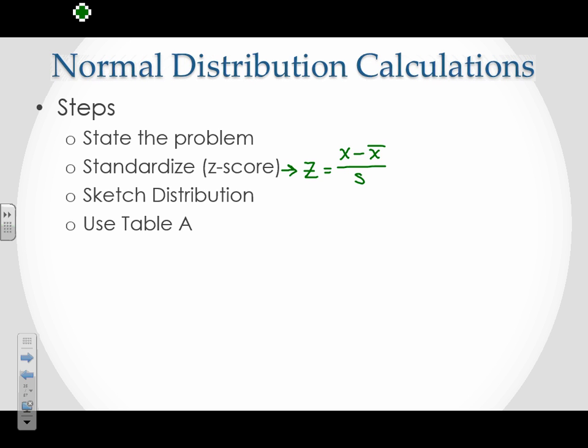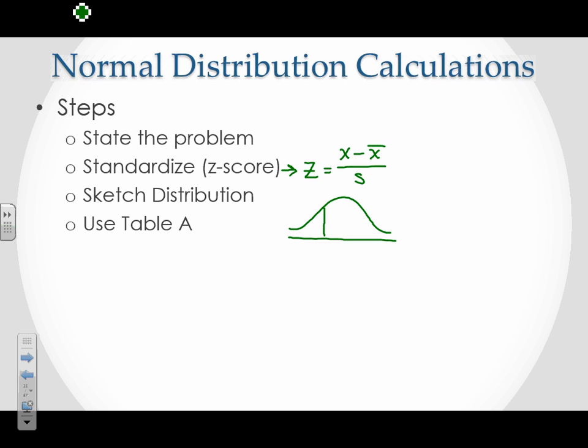This is going to be the first thing you do once you know what the problem's asking. So we have to calculate a z-score. Table A only works with z-scores, nothing else. Once we know what our z-score is, we can draw our distribution. We can get a sketch so we know about what we should be looking for. We draw our normal curve, and depending on what our z-score is, we mark our z-score wherever it's supposed to lie on our curve.